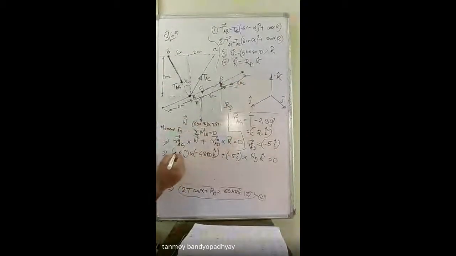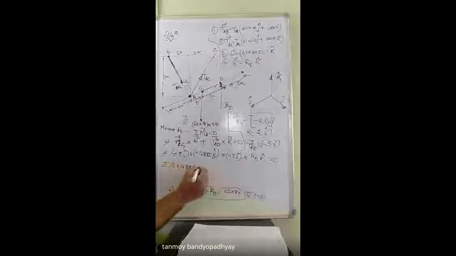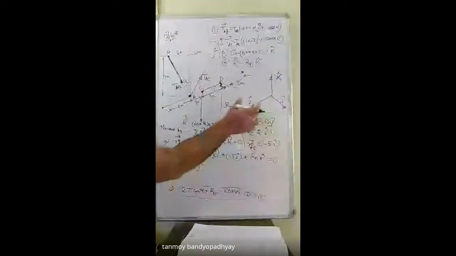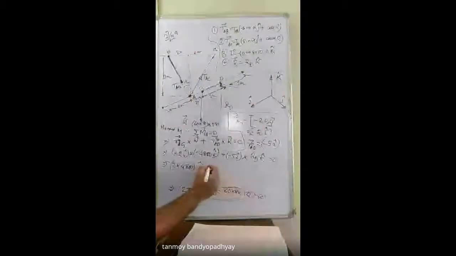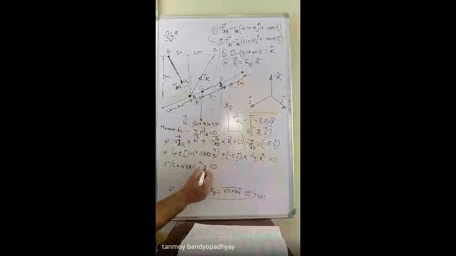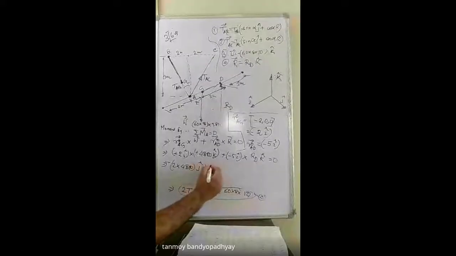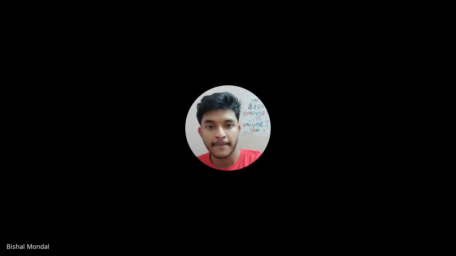So the two minus signs cancel out. For the -5 term, j cross k is i, so it becomes 5 RD, and that is equal to 0.